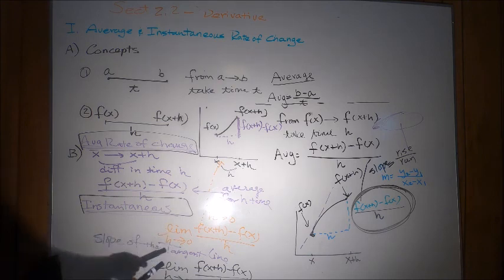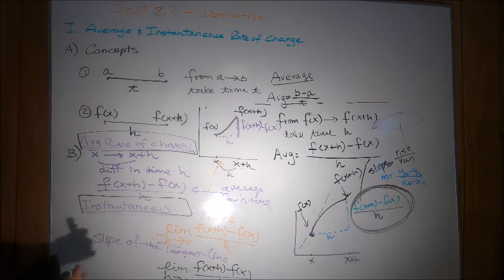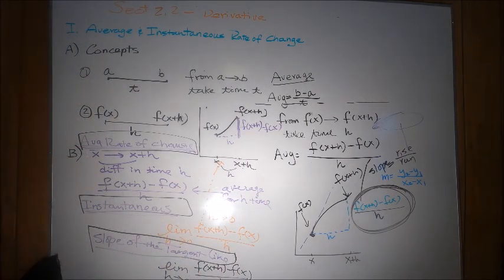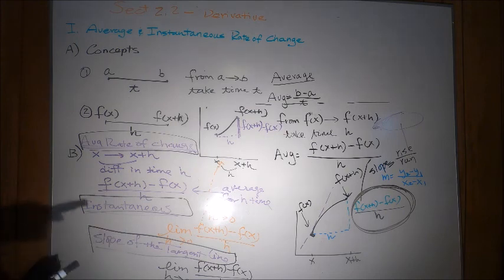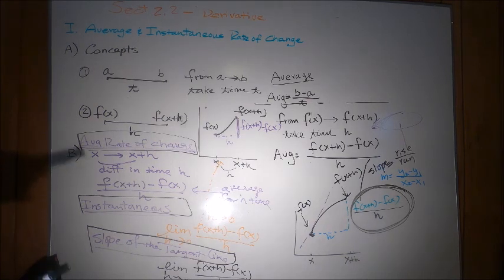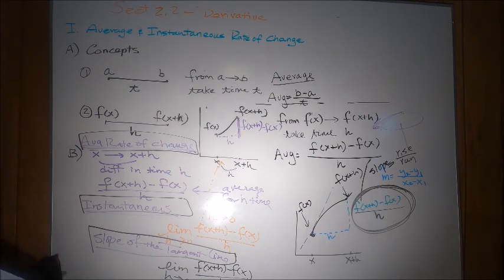That means h approaches 0. Then at the same time, if we think about the slope of the tangent line at the point x, because every point has a different tangent line, we are talking about the tangent line close to the point x. That means h is approaching 0.